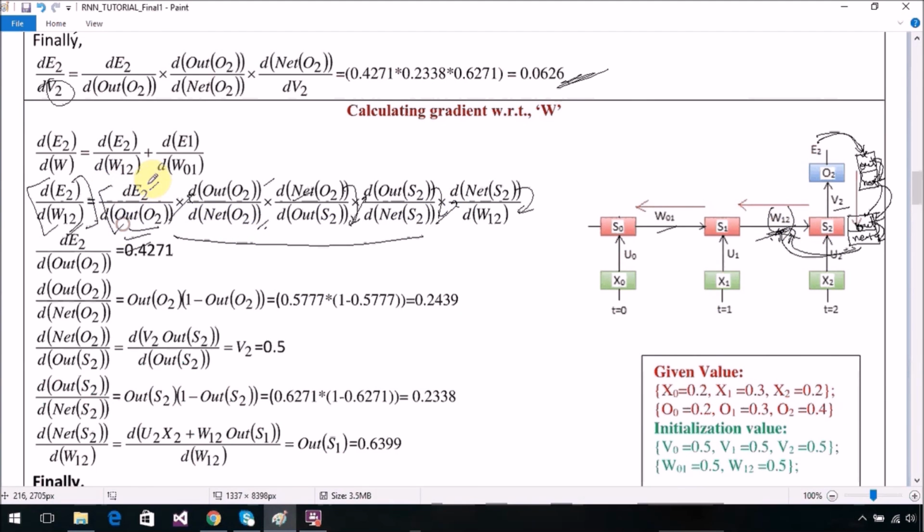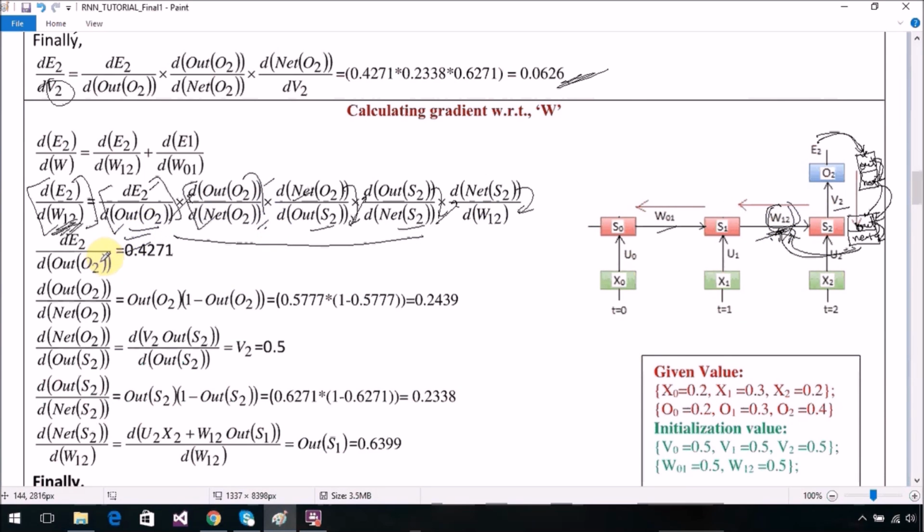Now we will take these derivatives separately and multiply all the results, which will be the gradient with respect to W12, or the partial derivative of E2 with respect to W12. We will use this in updating the weight W12 in the next step.